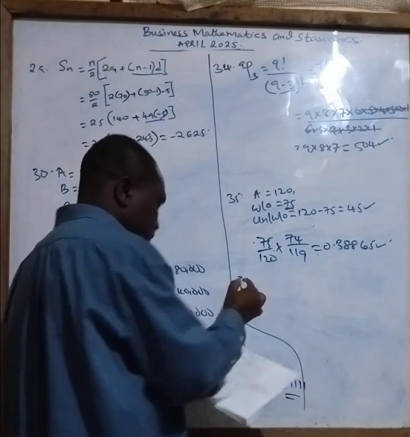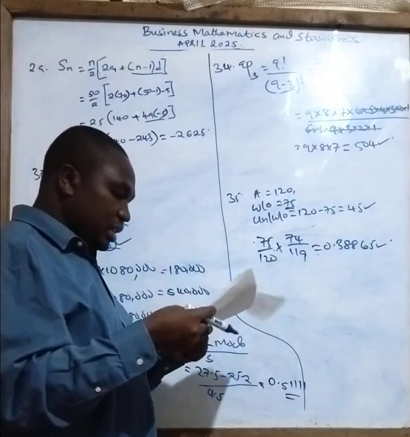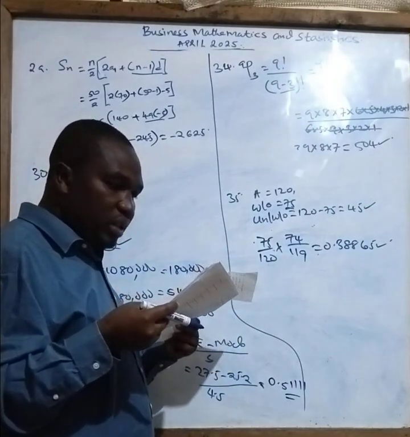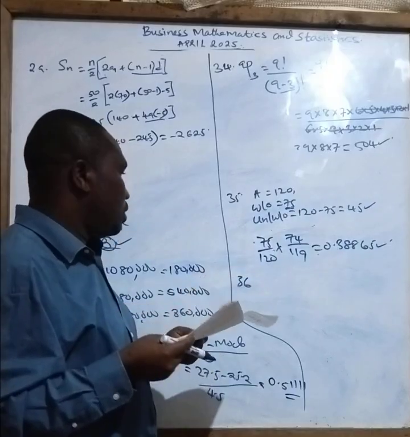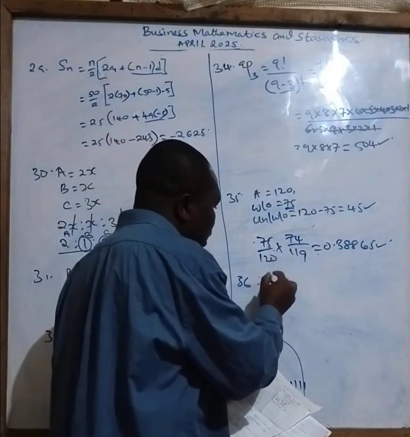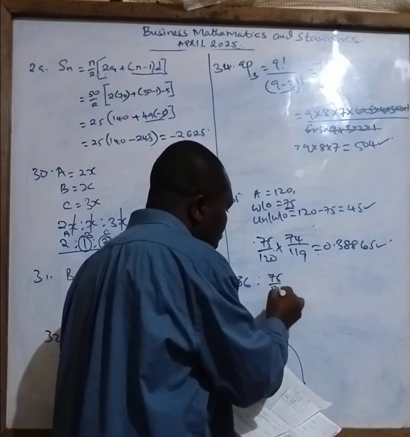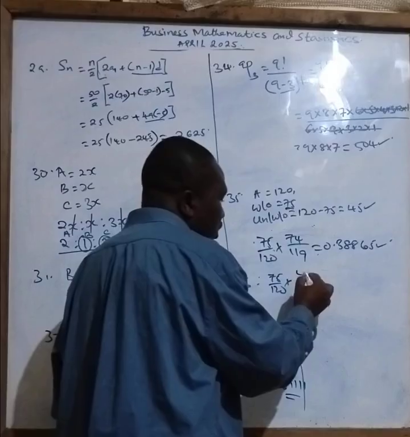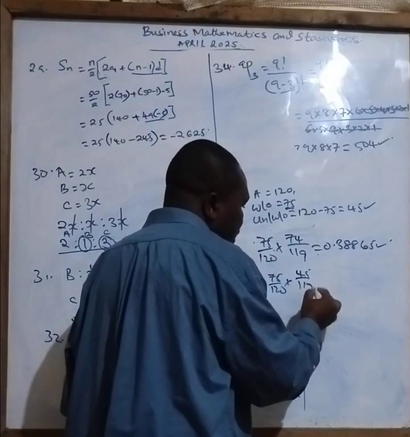Number 36 says calculate the probability that one of the accounts is not written off. So it's almost the same. You now say, okay, it will be 75 over 120. But now in this case, it will be what you have not written off, 75 over 119.